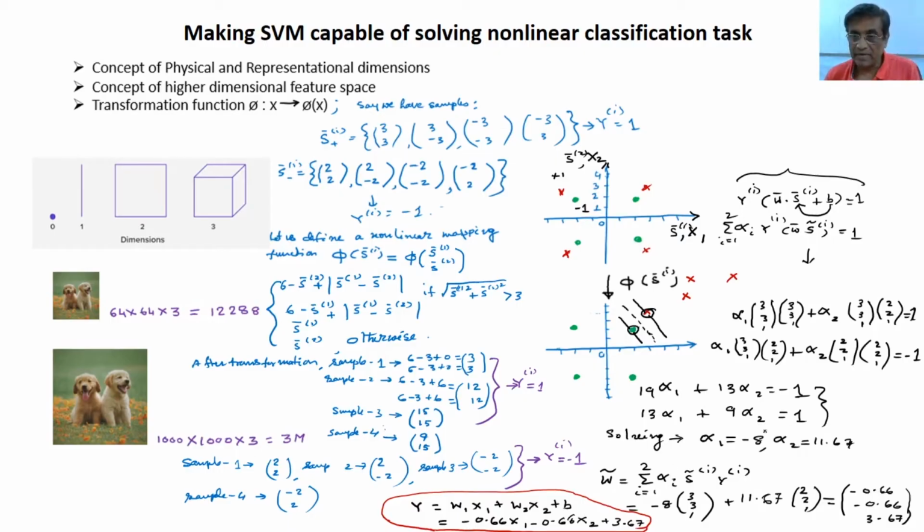So you have a decision boundary. But don't be afraid: oh my god, you have got an alpha which is negative, and I told you that alpha for support vectors will always be greater than 0, right? This is the KKT complementarity condition. This is because it is hidden over here.